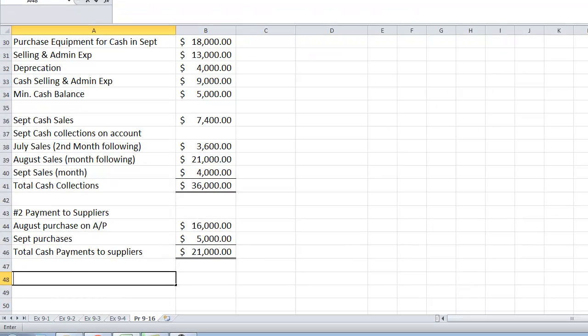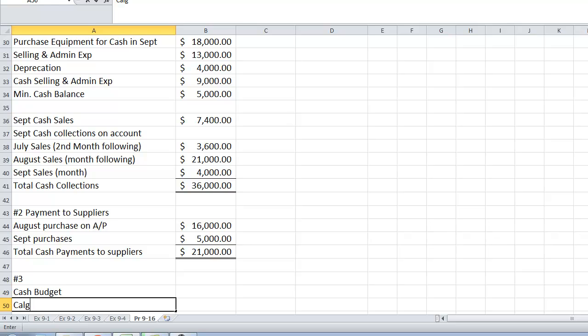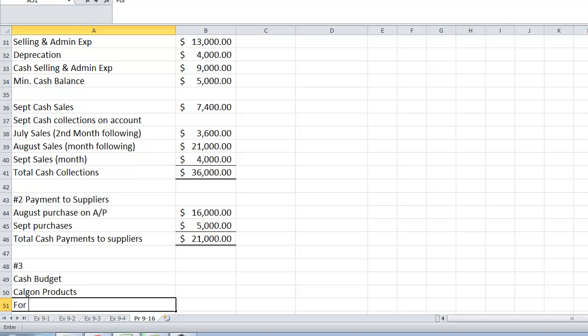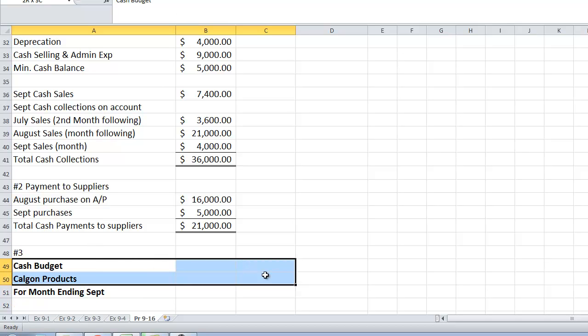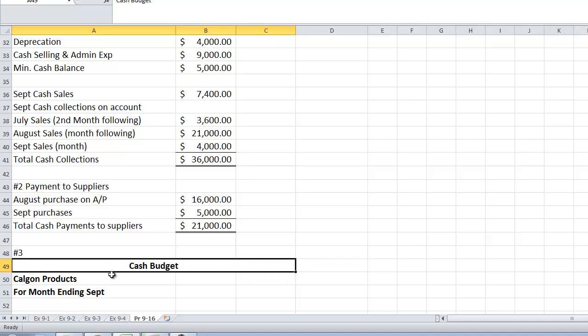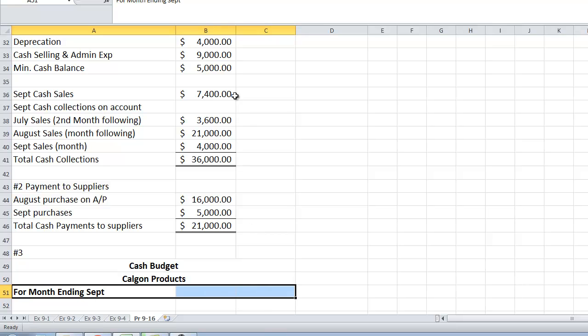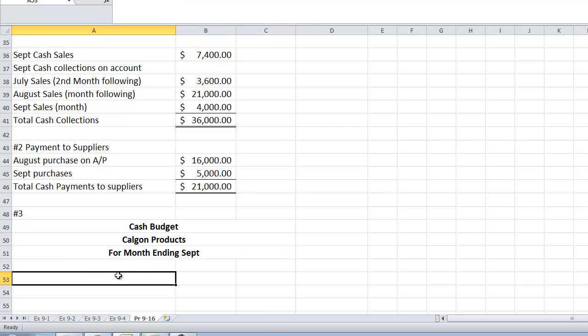Now, in order to have a cash budget, number 3, cash budget, Calgon Products for the month ending September. Okay, so we start with the beginning cash balance.